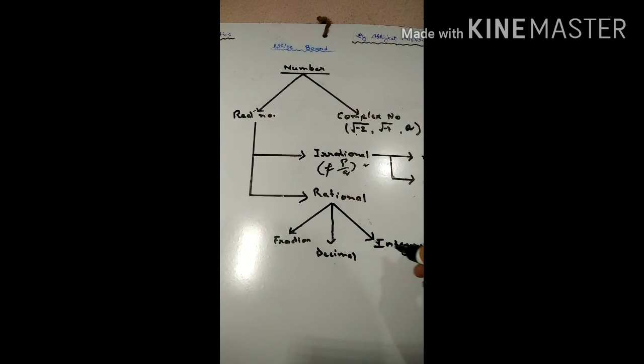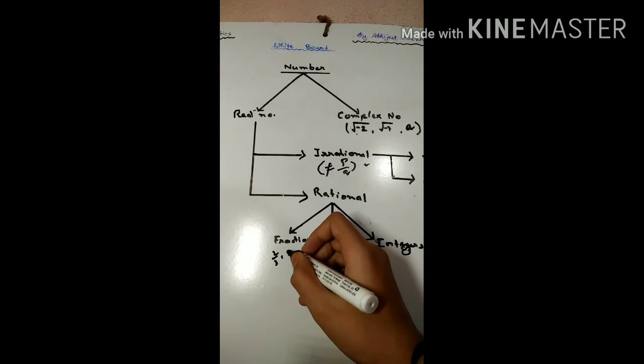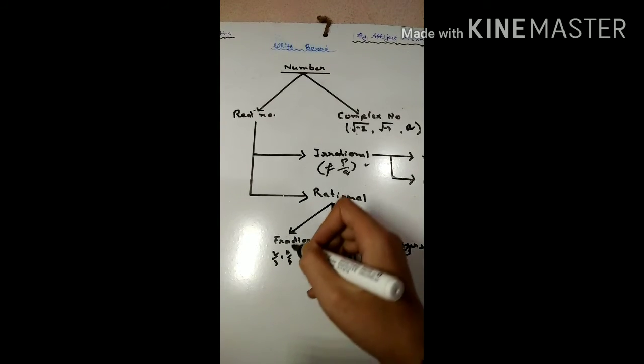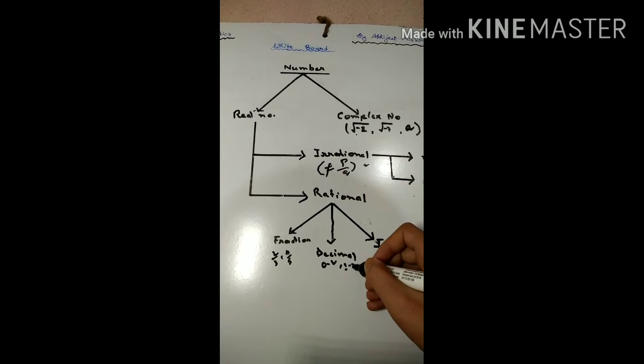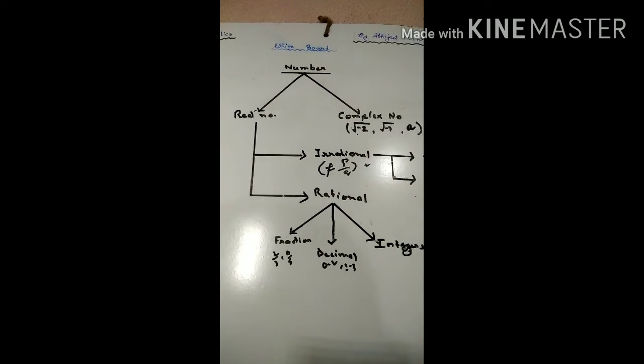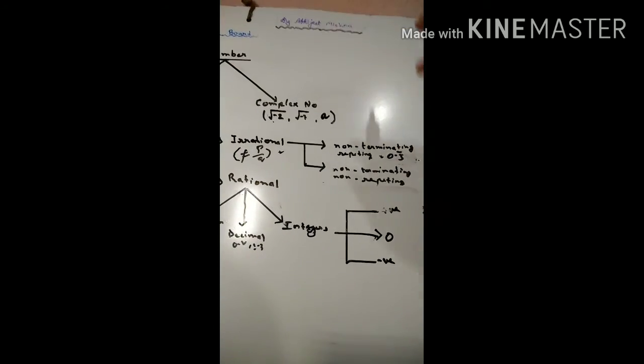Fractions, we know, are in the form of 2 by 3, 4 by 5, like this, and decimals are in the form of 0.2, 1.3, like this. We are very familiar with these two topics. No complicated questions arise with these two topics. Now we are on integers.